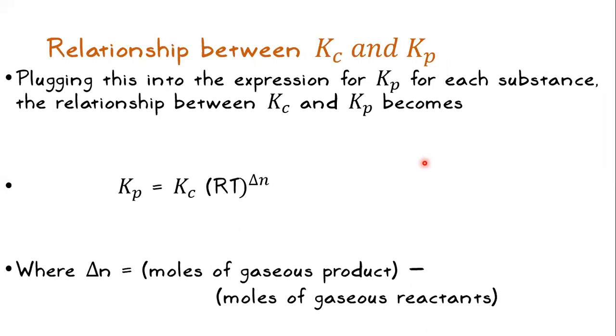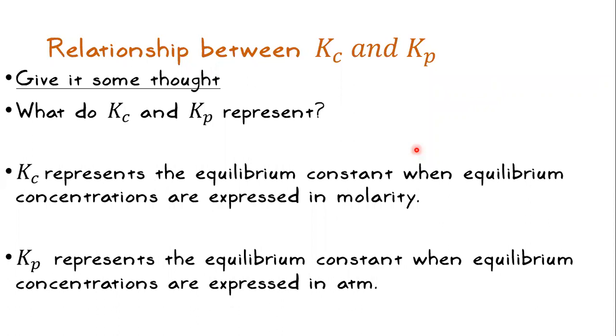Okay, now let's look at the next slide. So Kc represents the equilibrium constant when equilibrium concentrations are expressed in molarity, that is concentration, and Kp here in terms of pressure.